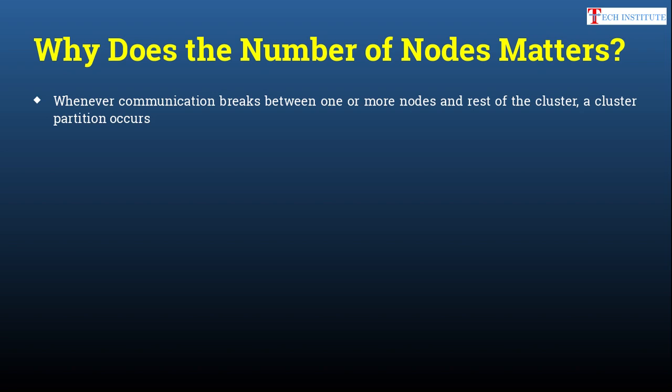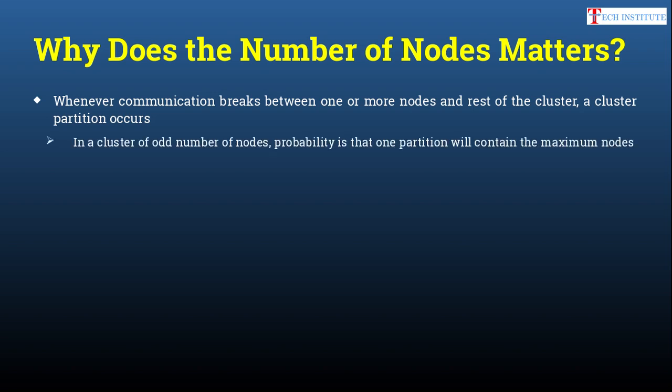When you have an odd number of nodes, one partition will have more nodes compared to the other partitions. So this one partition has a higher number of nodes.